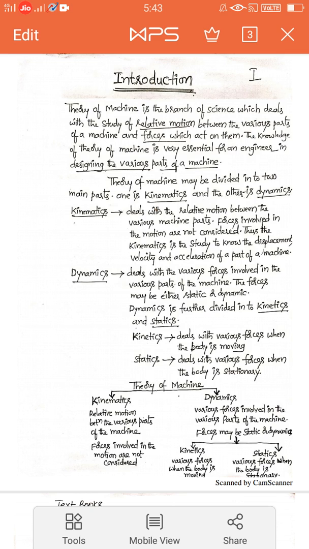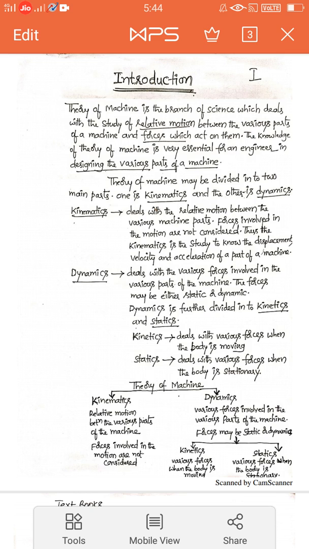In module 5, there are two parts. One is gear trains, the other one is gears. So what is a gear train? What are the different types of gear trains? And analytically we determine the velocity ratio of the different gear trains, followed by what is a gear, what are the different types of gears, what is the gear terminology, and what is the condition for interference in gear arrangement.